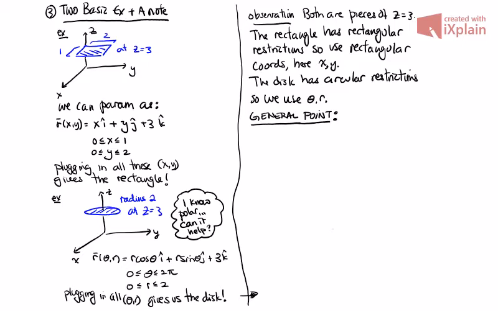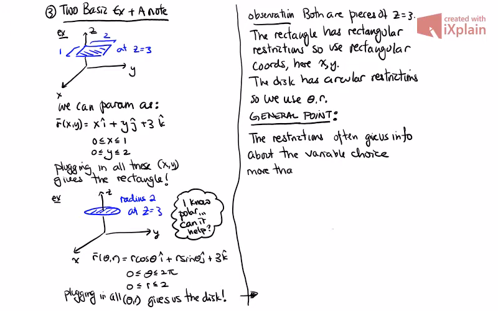So let's say the restrictions often, I would say more than half the time, give us information about the variable choice. The restrictions often give us information about the variable choice more than the thing we're taking a piece of.